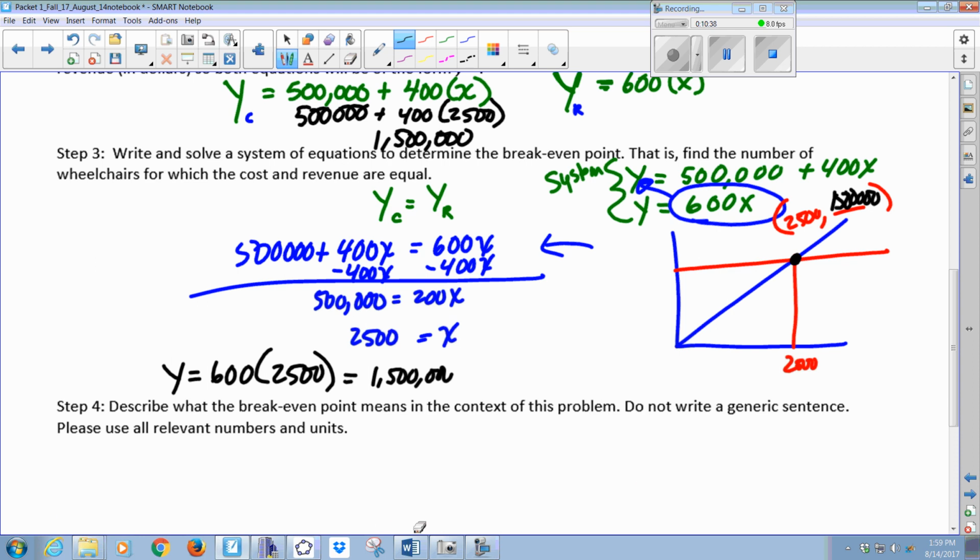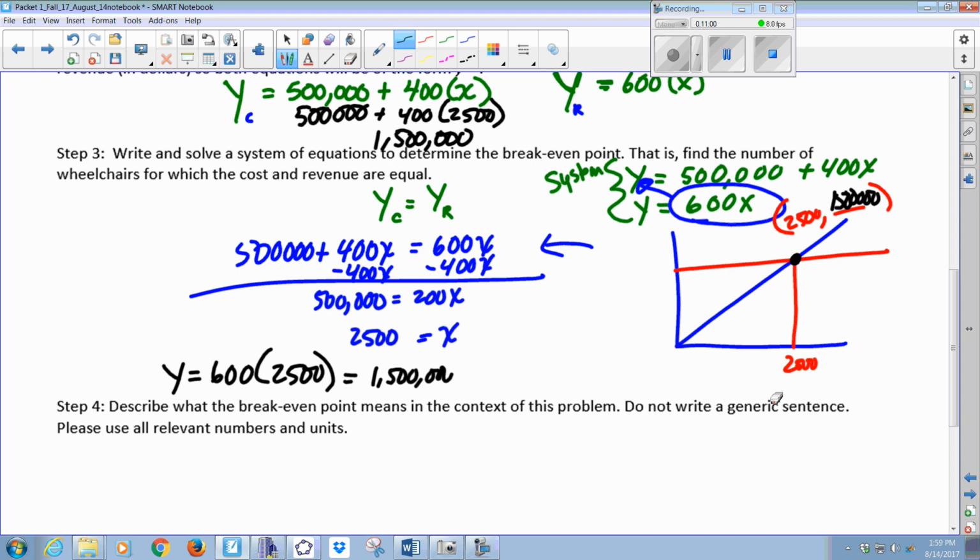So in this case, when you interpret a break-even point, you want to say somewhere in your sentence what this $1,500,000 represents and what the 2,500 wheelchairs represent.